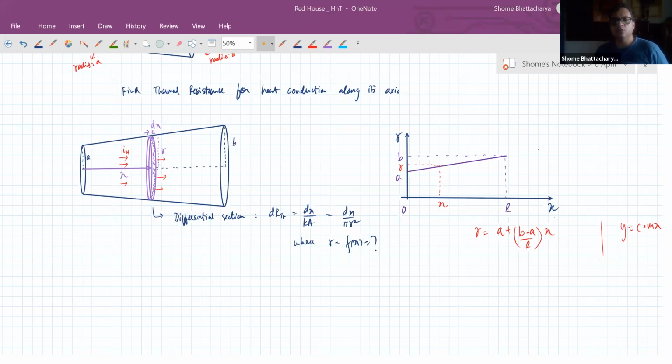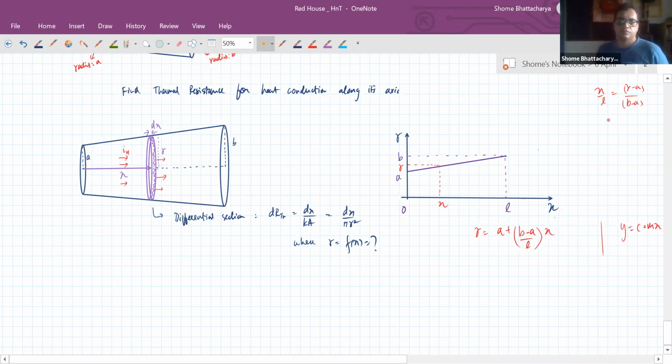Yeah, so if you go by ratio and proportionality, it's like this: x by L will be equal to (r minus a) upon (b minus a). You can understand it by the slope method also.